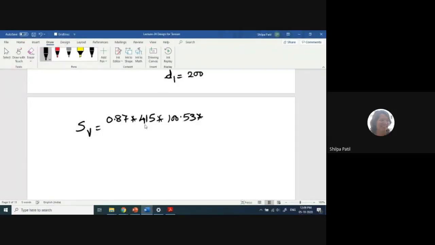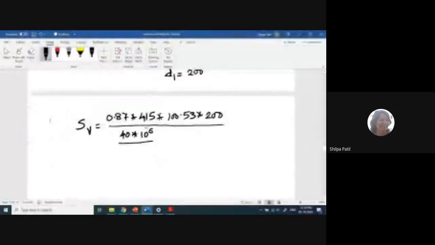Multiplied by D1, which is 200, divided by TU upon B1. TU value was 40, right? Into 10 to the power 6, because it is in kilonewton meter, divided by B1. B1 is 215.